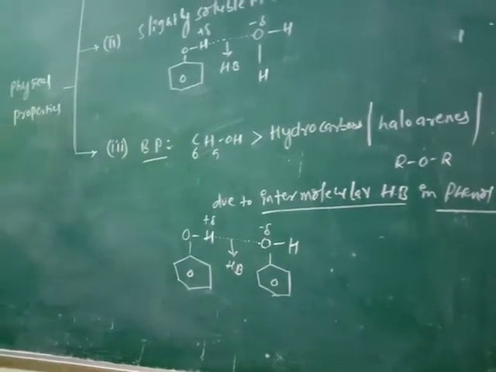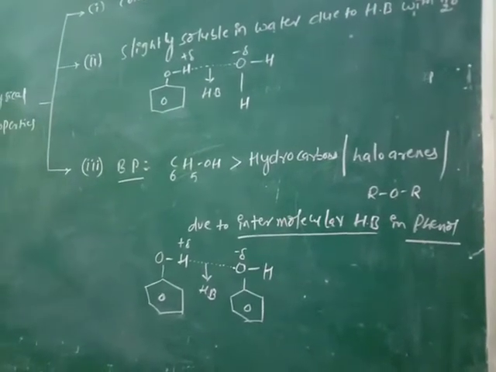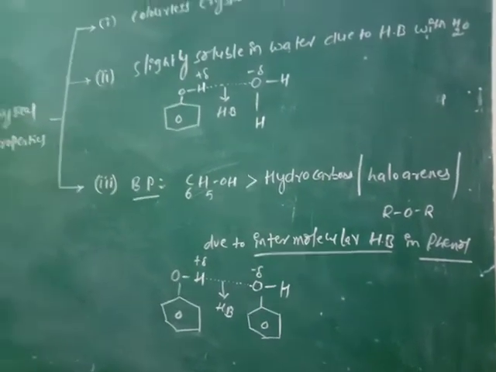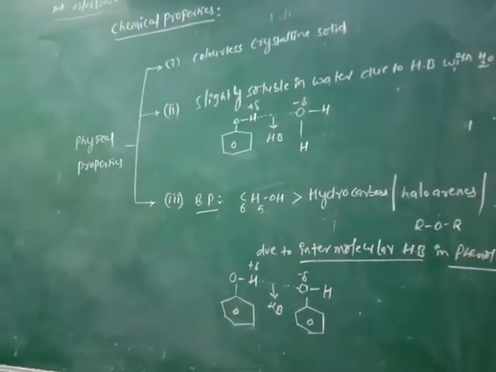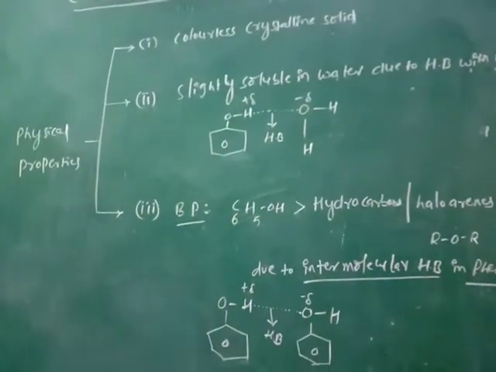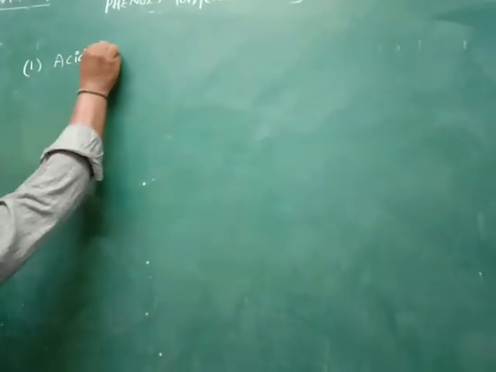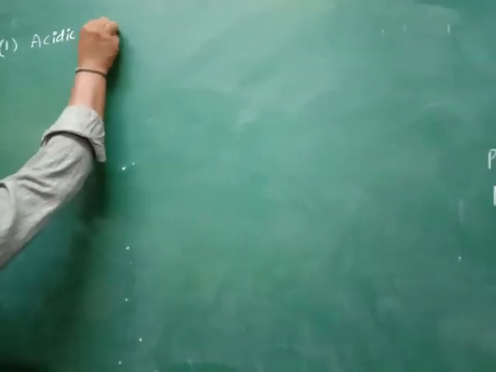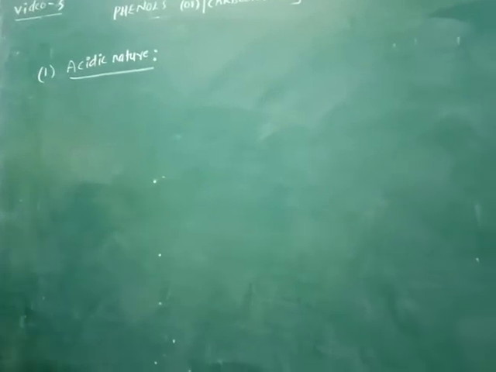So these are the simple physical properties of phenols. After completing the physical properties, we are going to discuss the chemical properties of phenols. The first chemical property of phenol is the acidic nature of phenols.